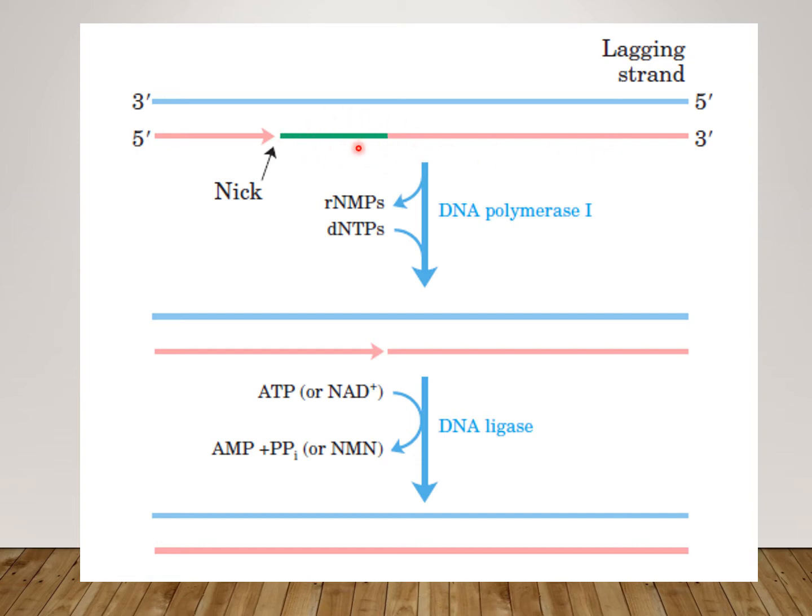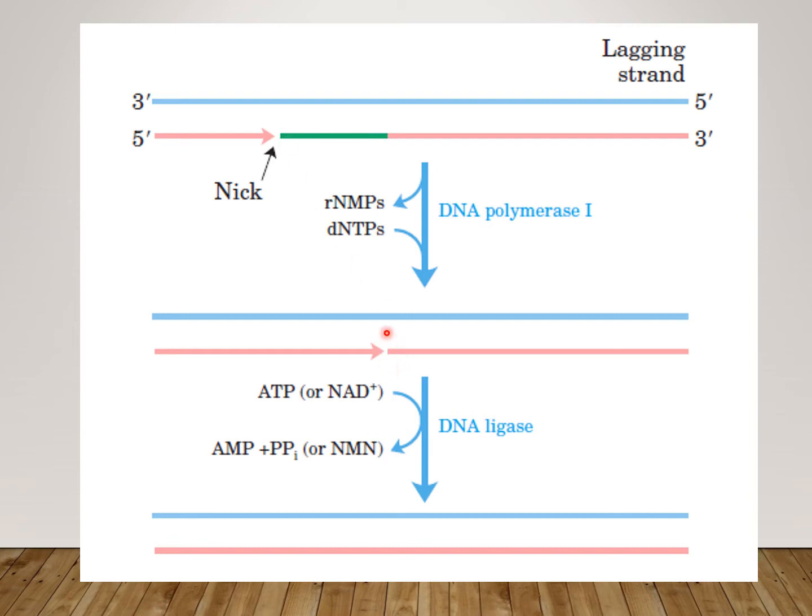So the RNA primer must be removed. This job is done by DNA polymerase 1. DNA polymerase 1 removes the primer, and the empty part after removal of the primer is filled up by DNA polymerase 1 by the addition of nucleotides.